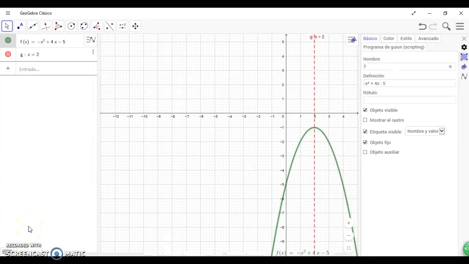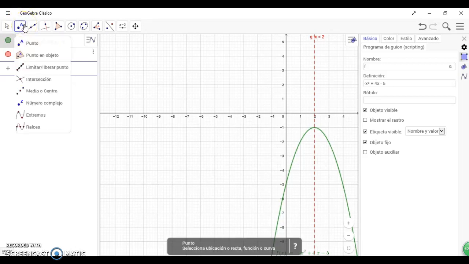So now we need to use the intersection tool to find the coordinate of the vertex that is already here, and to find the intersections with the x-axis, and to find the intersection with the y-axis. So the intersection tool is in this part.